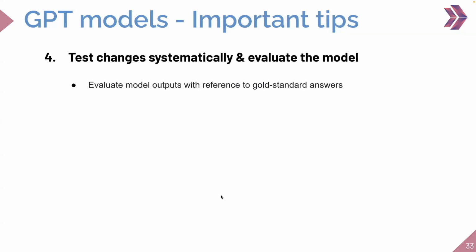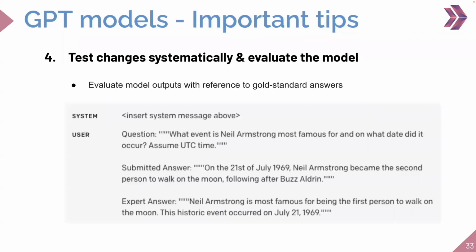Another one, which is also important: test changes systematically and evaluate the model. So how can you evaluate the model? There are different techniques and methods, but especially this is very important. You can use gold standard answers. For example, we can see: insert the system message above for the system. For the user, we have a question, and we have a submitted expert answer. Okay. So the question is, what event is Neil Armstrong most famous for?